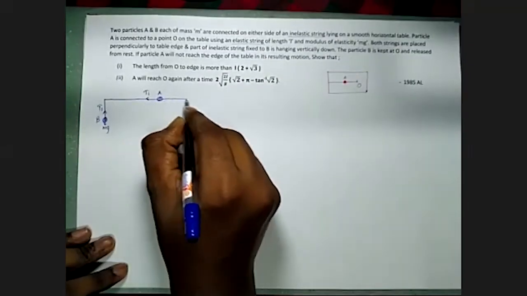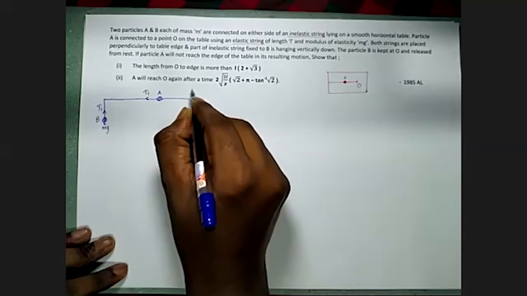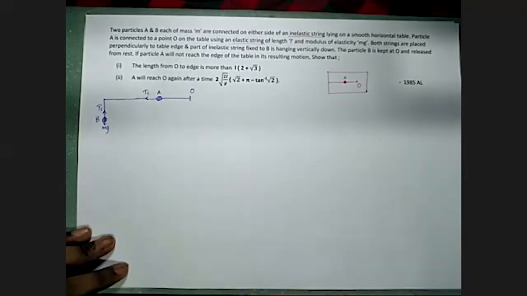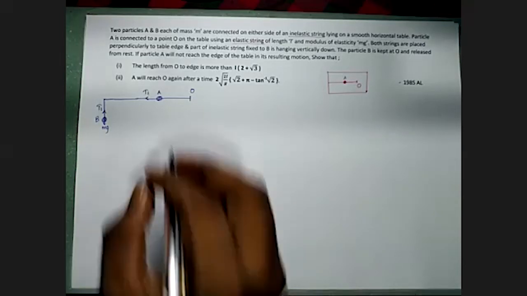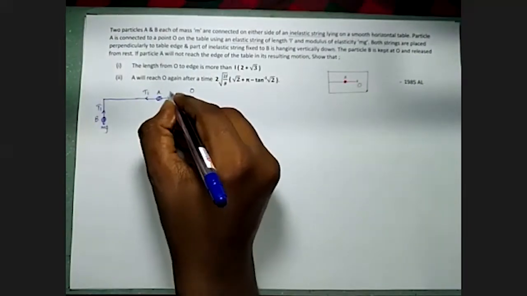A is again connected to a point O by an elastic string. That is a different type. Therefore, there is a different tension, T2. So this is the arrangement.